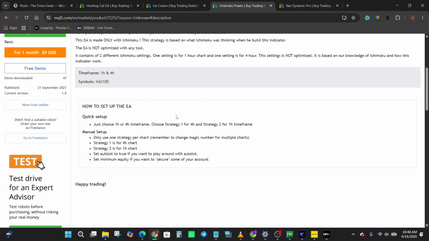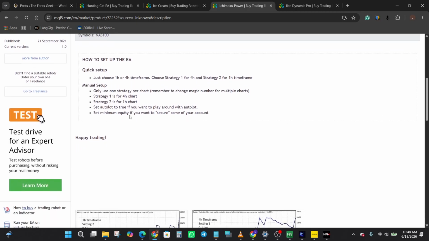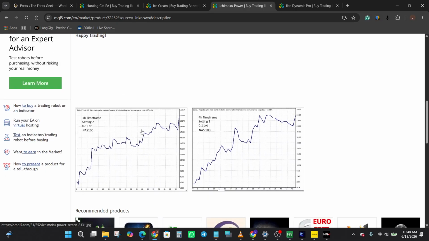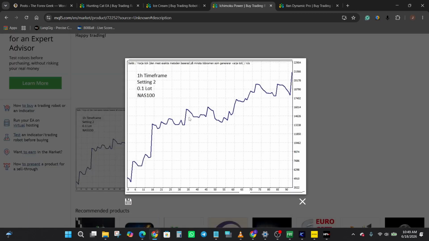Now let us move over to the historical backtest results. When reviewing historical testing performance, I always prefer looking beyond the final numbers and focusing on how the strategy behaved throughout the test period.